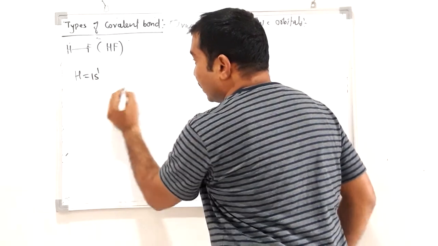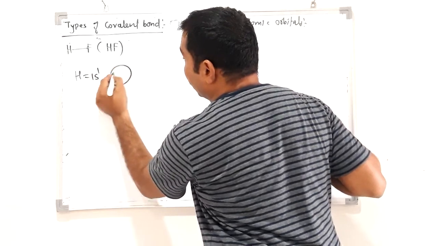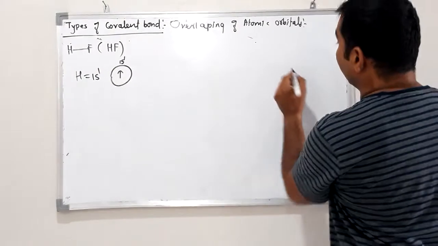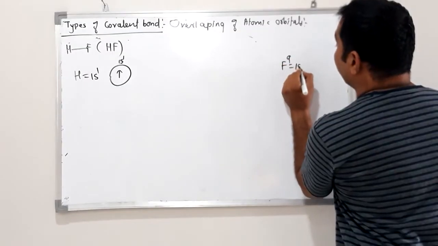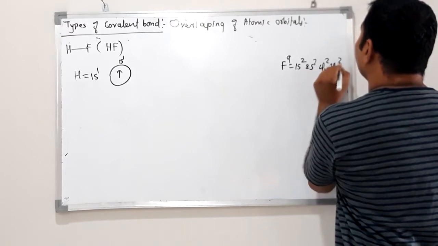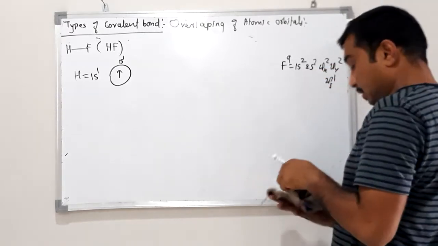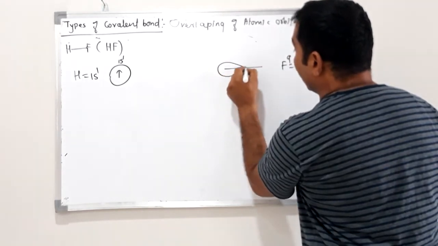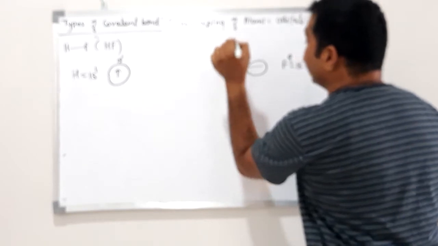Consider hydrogen: 1s1, a spherical orbital having 1 electron. Consider fluorine, atomic number 9: 1s2, 2s2, 2px2, 2py2, 2pz1, and this is the 2pz orbital which is singly filled.